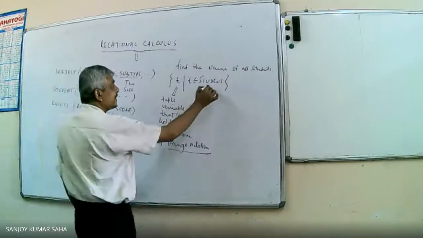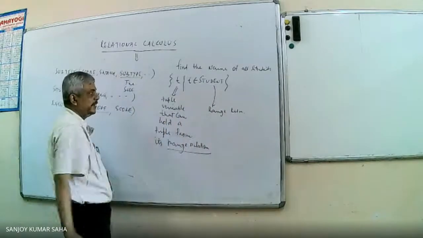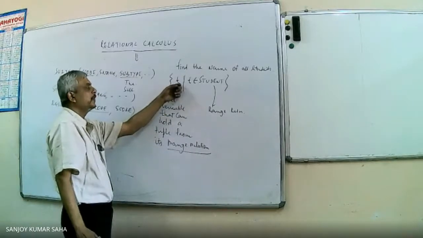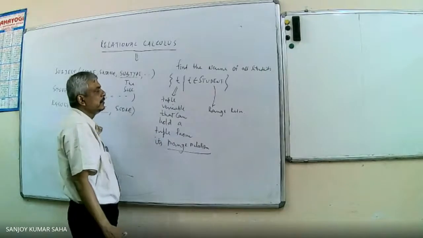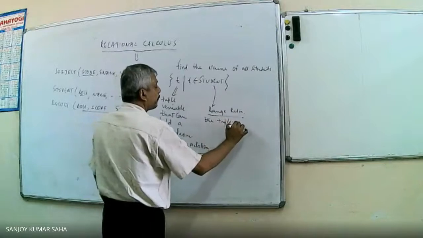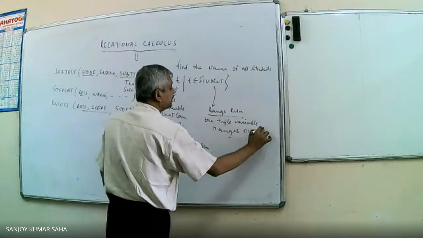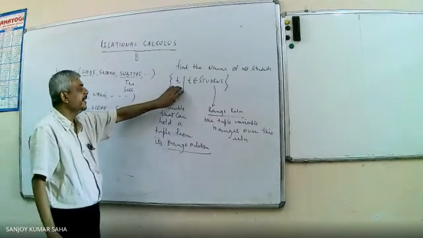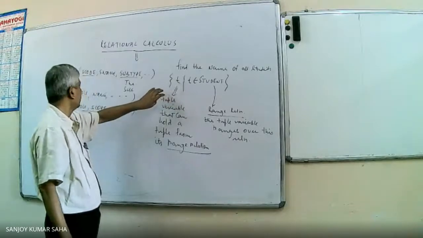So this is the range relation for the tuple variable T, which appears on the left hand side of the bar. The tuple variable ranges over this relation, so it can take any tuple from it. It gives us a set of tuples from here.